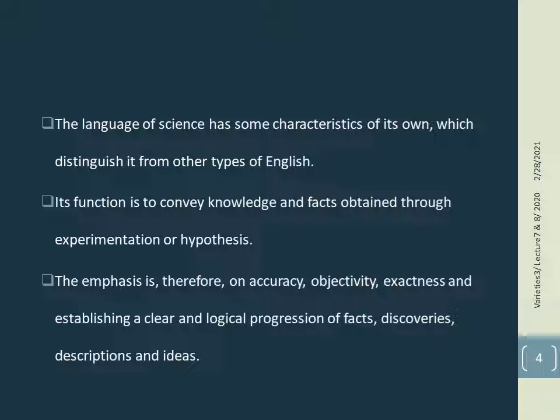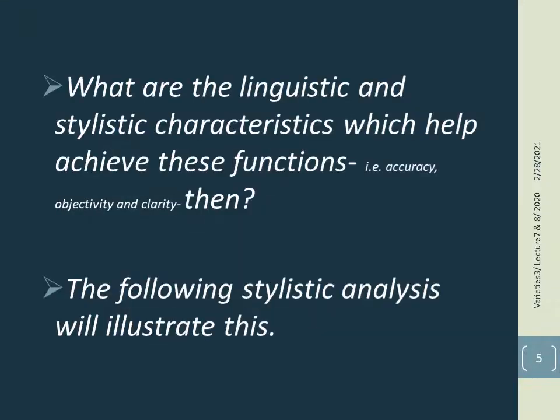Okay, so remember that we use scientific English in order to convey knowledge. When we write a report or a text where we convey knowledge or facts that are obtained through hypothesis or experimentation, the emphasis is usually on accuracy, objectivity, exactness, and establishing a very clear logical progression of facts, discoveries, descriptions, and ideas.